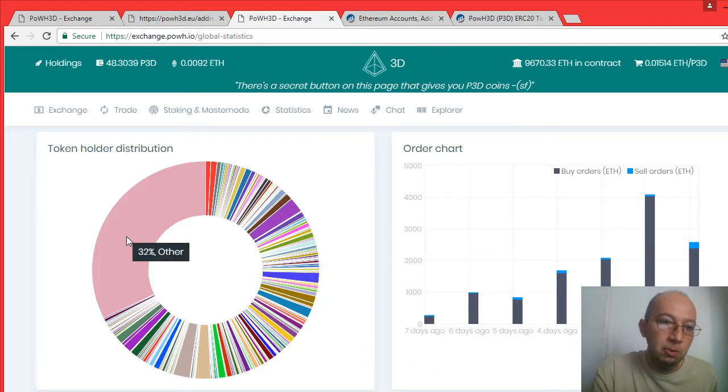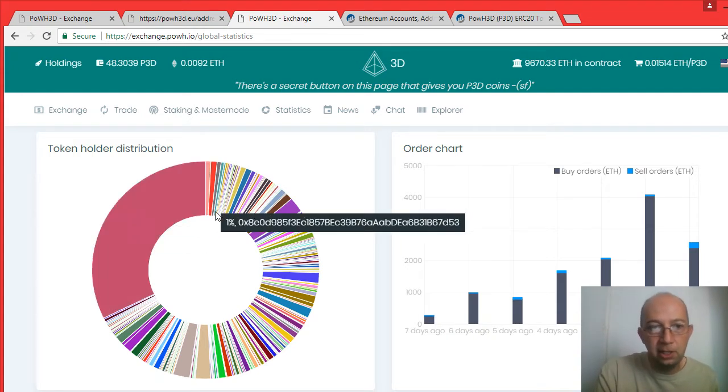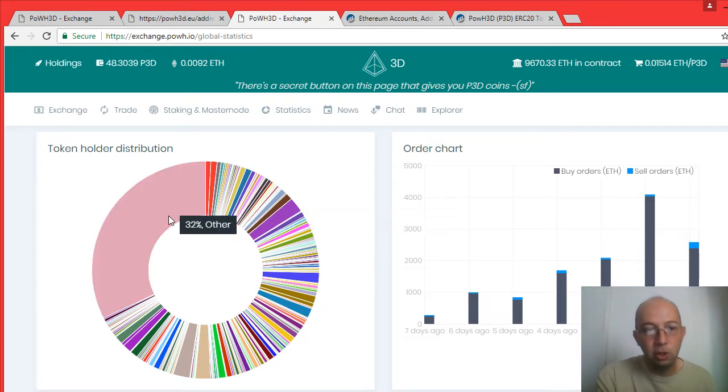And this great big chunk right here isn't the developers, this is the people in the background that are just holding little fractions. So a good third of the coin is held by people that this can't even calculate a percentage for, because it would be too small to draw the graph. They just had to bunch those all together, probably less than 1,000th of a total percent or something like that.